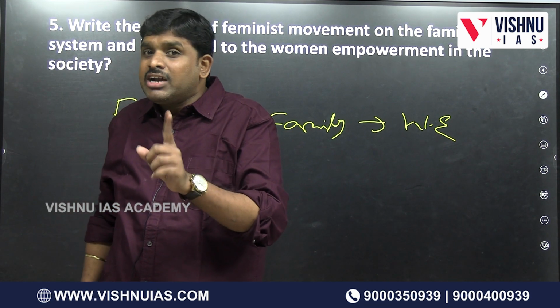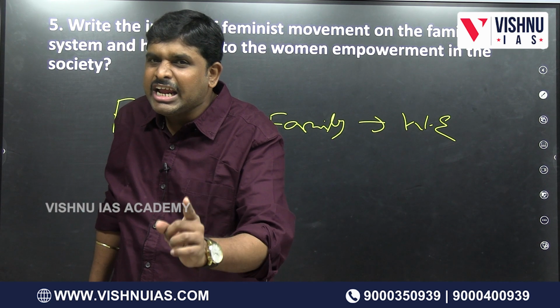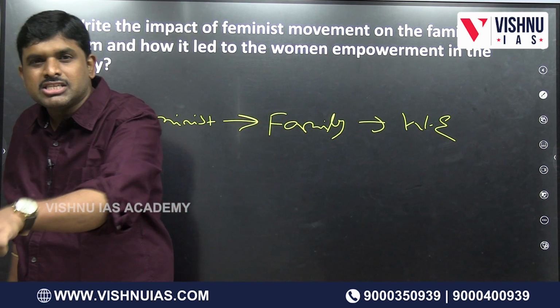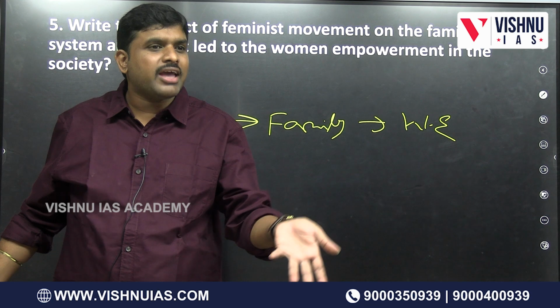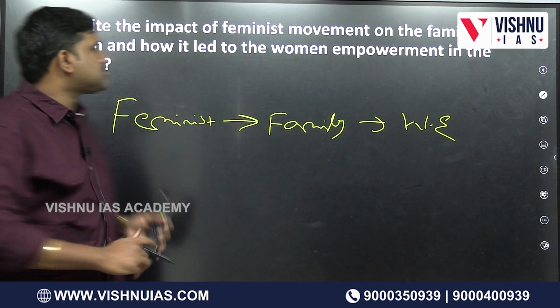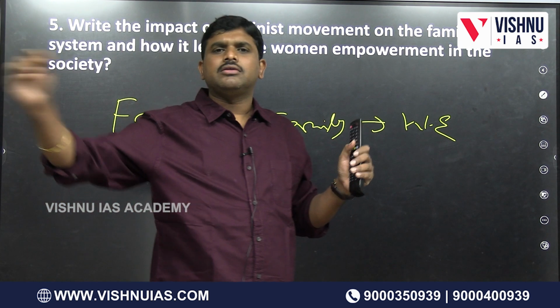This is a very good point: feminism will not directly lead to woman empowerment. Feminism will lead to an impact on the family system, which will eventually lead to empowerment, since without family support, how can we? So you can try like this. First feminism, then the family definition.